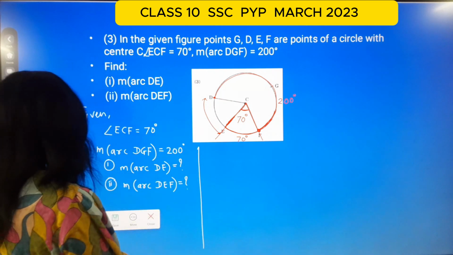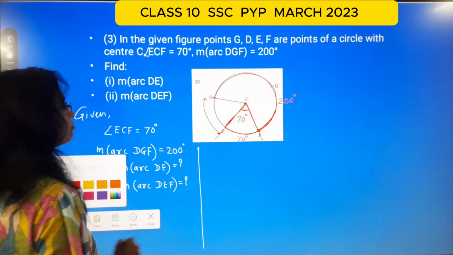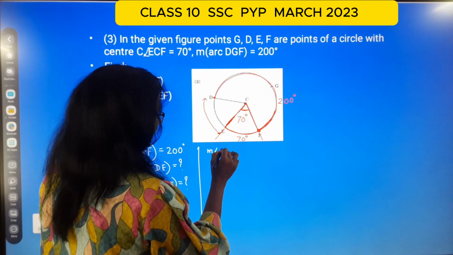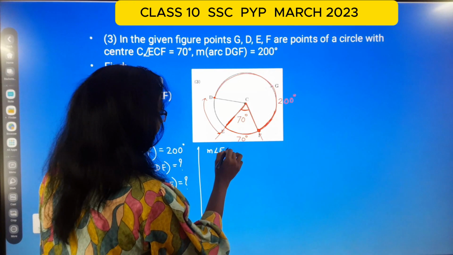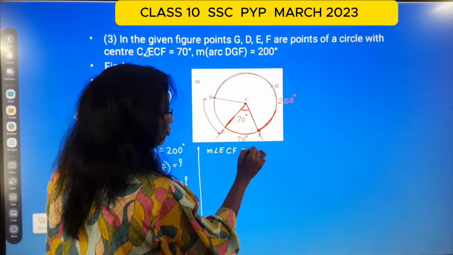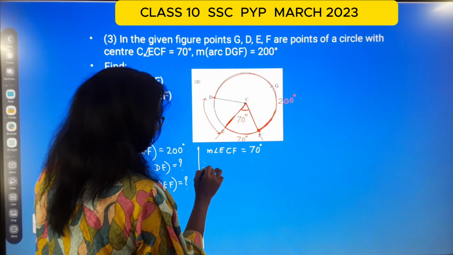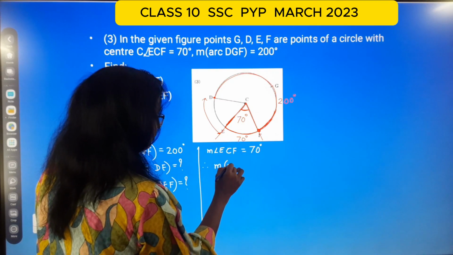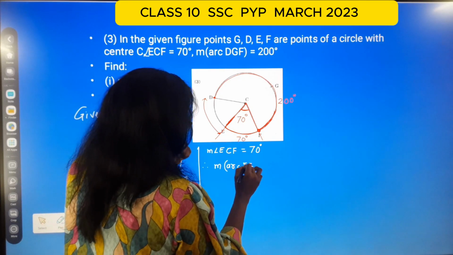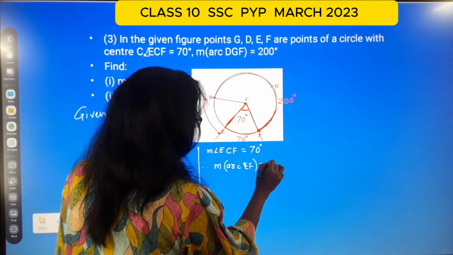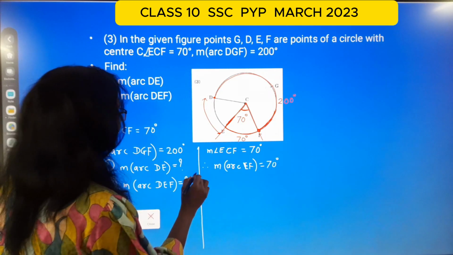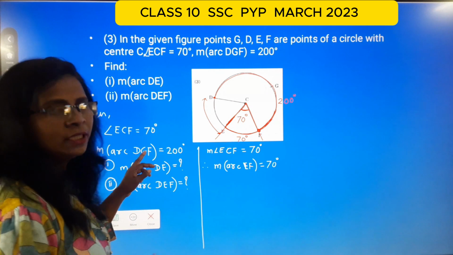Okay, so now here students, first write down the step by step information: angle ECF is equal to 70 degree, and therefore arc EF is equal to 70 degree. Now here the given is that DGF is given.